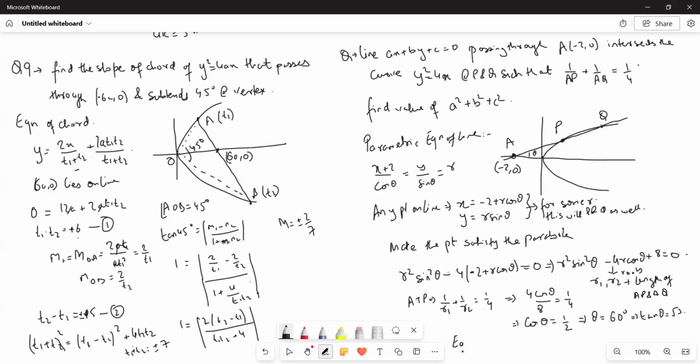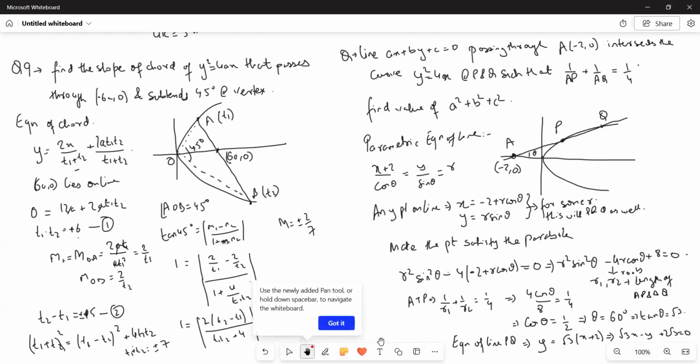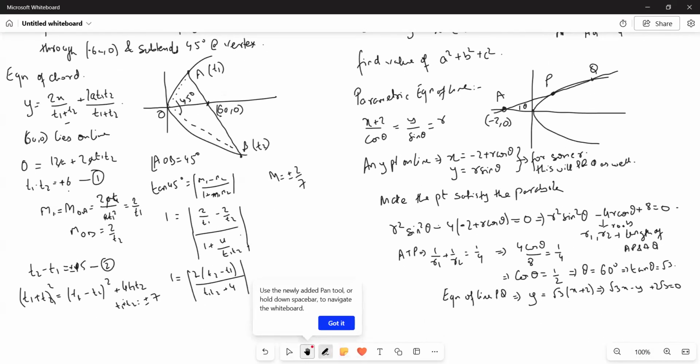So the equation of the line PQ can be written in the form y minus y1 is equal to m times x minus x1. This ends up becoming root 3 x minus y plus 2 root 3 is equal to 0, which on comparing with the given equation tells us that a is equal to root 3, b is equal to minus 1 and c is equal to 2 root 3.